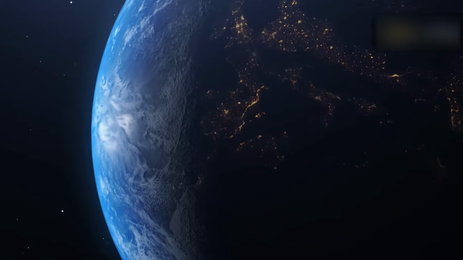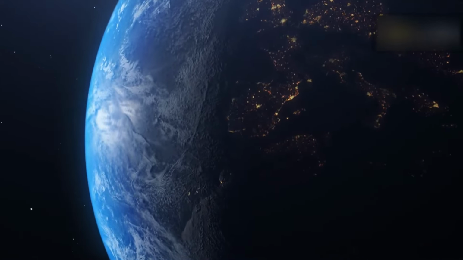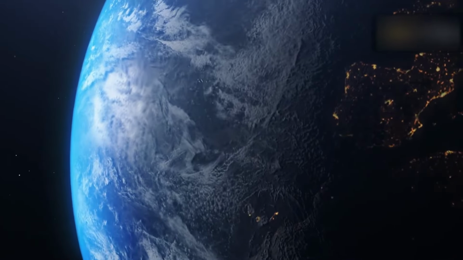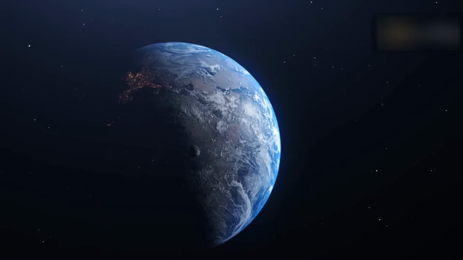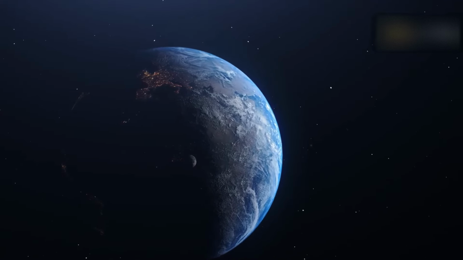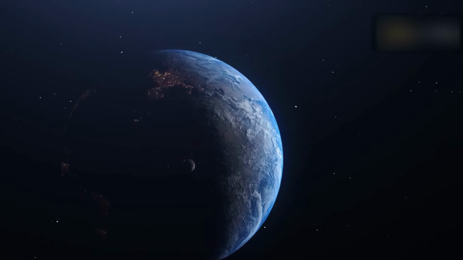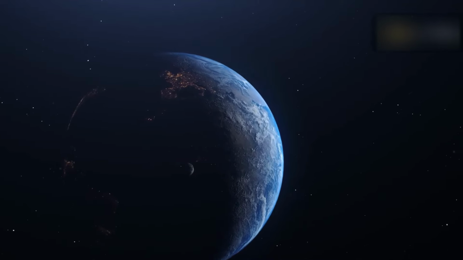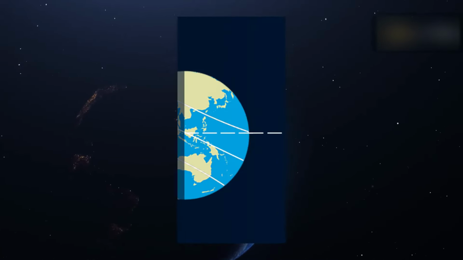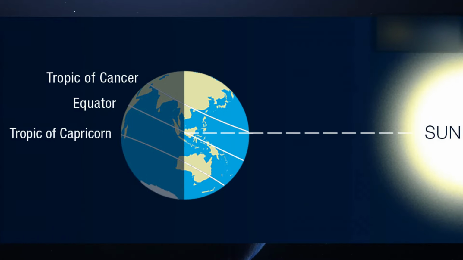A solstice is an event in which a planet's poles are most extremely inclined toward or away from the star it orbits. On our planet, solstices are defined by the solar declination, the latitude of Earth where the Sun is directly overhead at noon. On Earth, solstices are twice-yearly phenomena in which solar declination reaches the Tropic of Cancer in the north and the Tropic of Capricorn in the south.